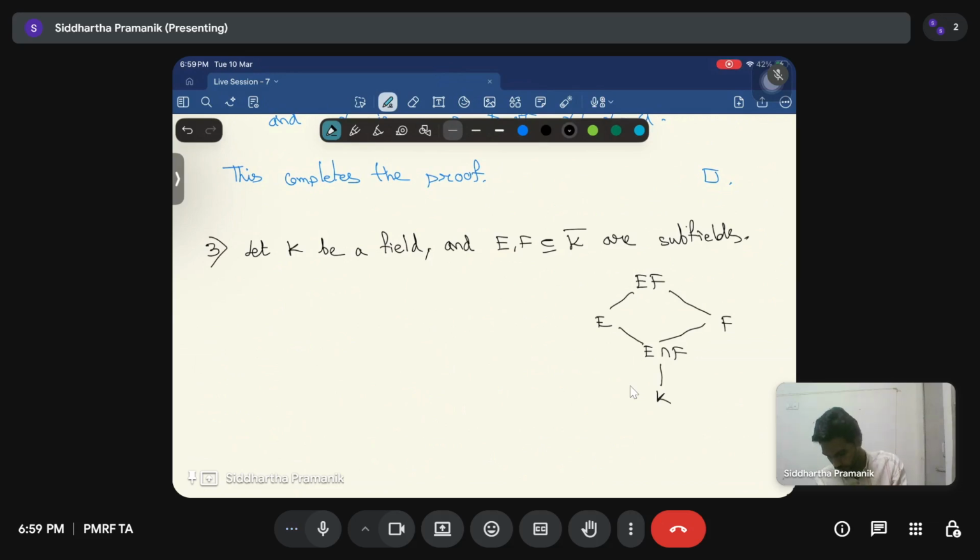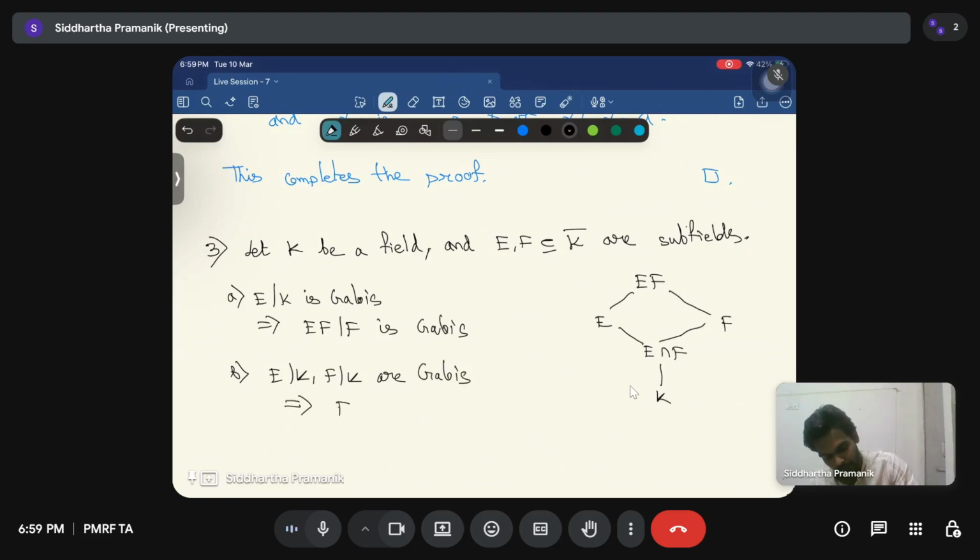So now the result says that the first one, E over K is Galois, will imply EF over F is Galois. And the second thing is, E over K and F over K are Galois.